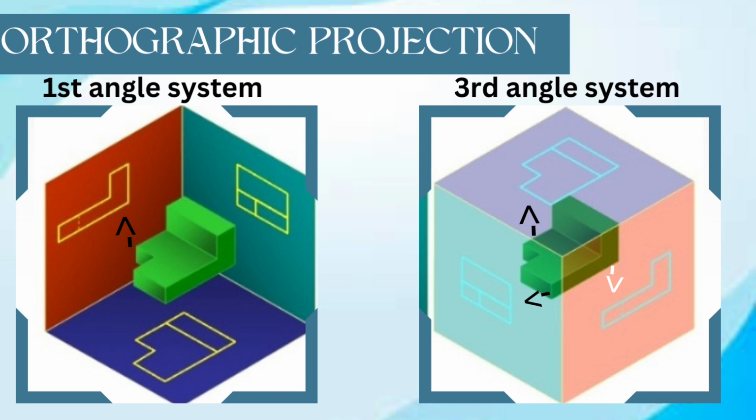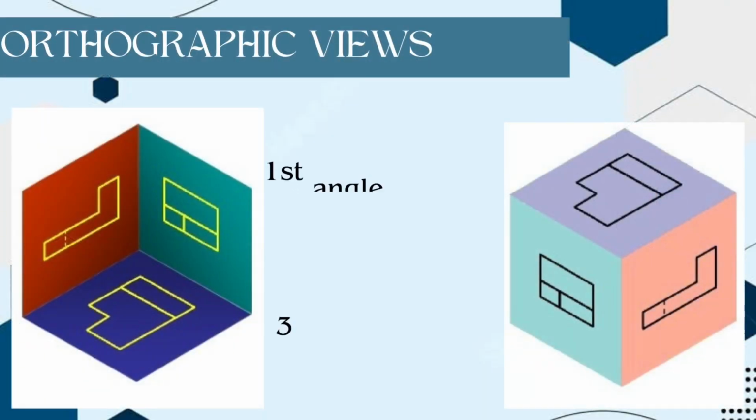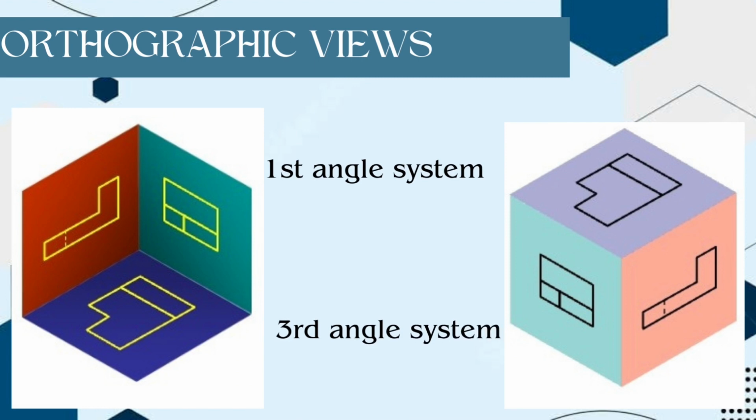Now I will open these boxes by placing pins or hinges, for the first angle system and the third angle system. So here, this is the first angle and the third angle. Now you get these three views here.